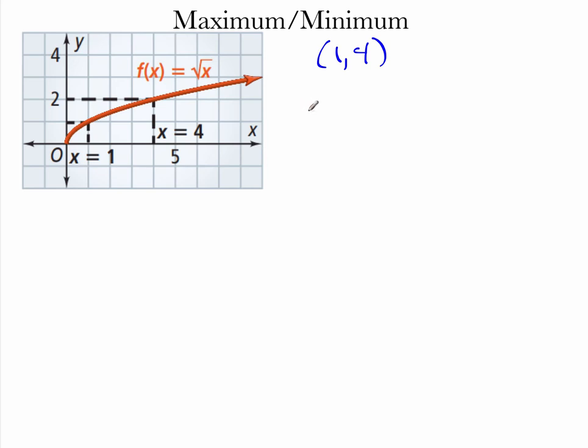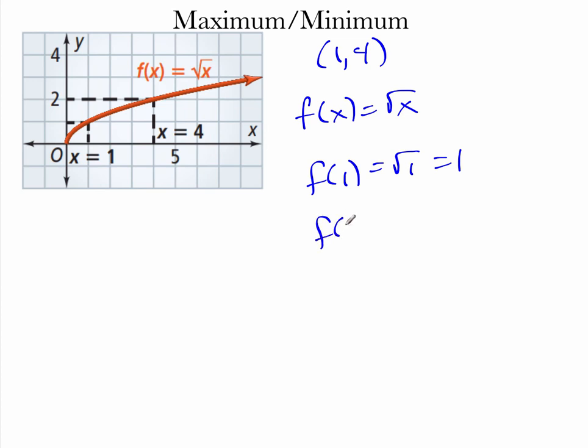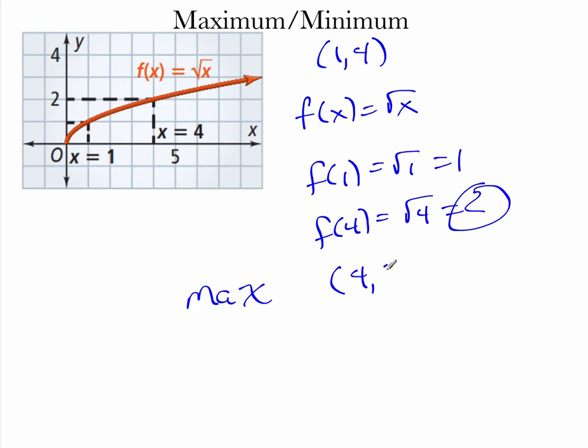So if f of x is the square root of x, f of 1 is the square root of 1, or 1. f of 4 is the square root of 4, or 2. So the maximum is going to occur at the larger number, at (4, 2). And the minimum is going to occur at the smaller number, at (1, 1).